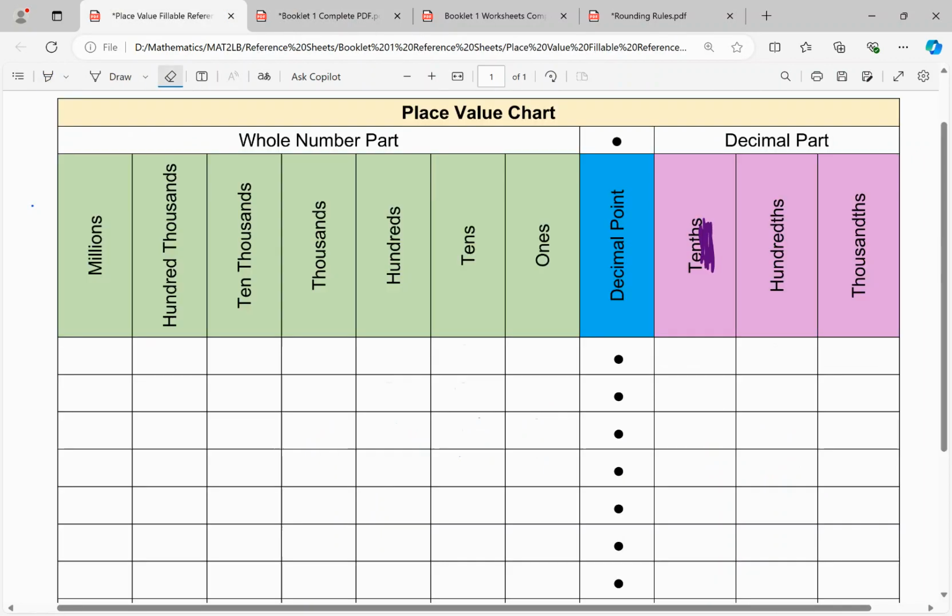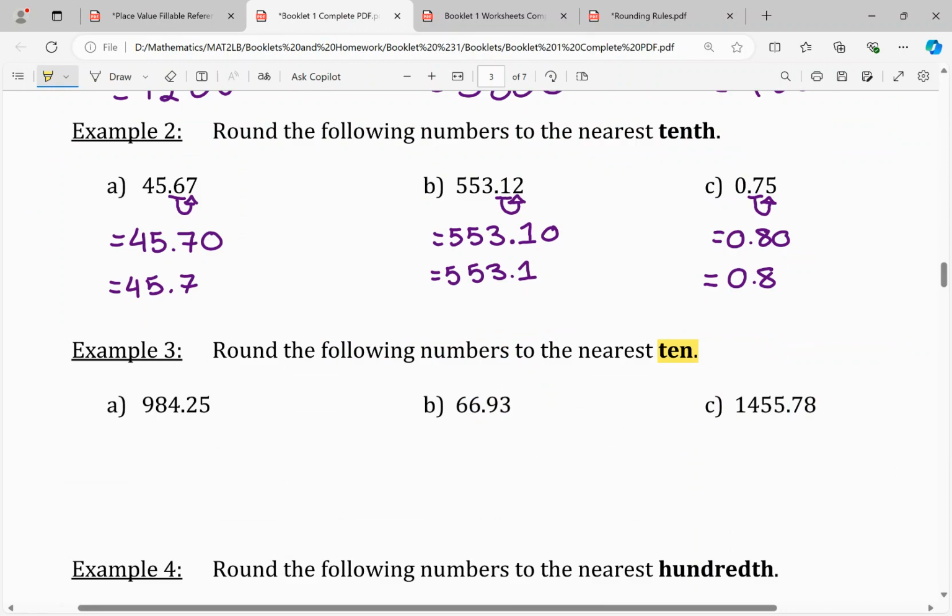I write it properly into my place value chart, and I find that the tens column is going to be 2 numbers to the left of the decimal. The 8 is in the tens place value, and the 8 is therefore what I'm going to be rounding.